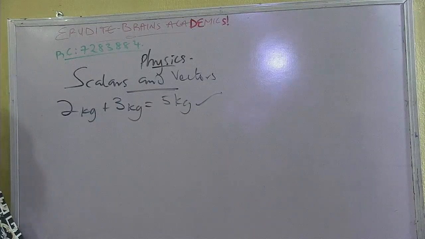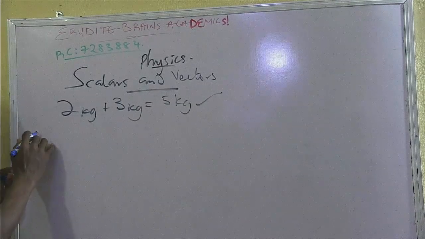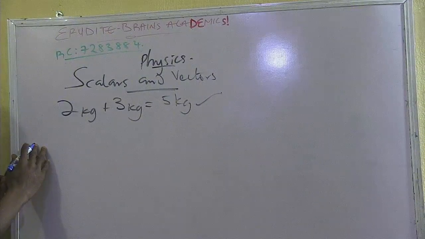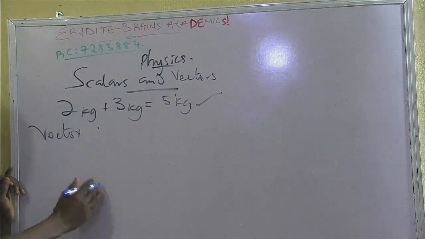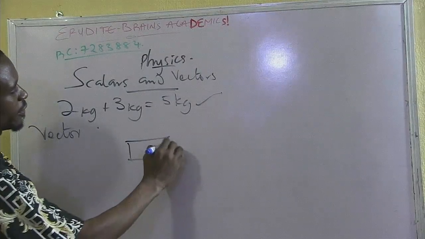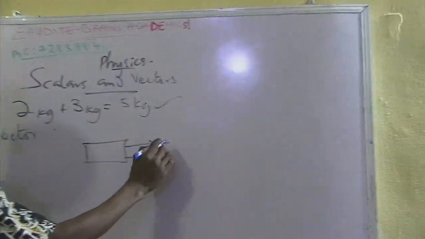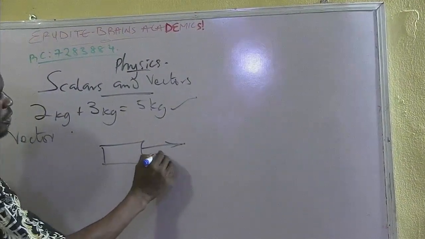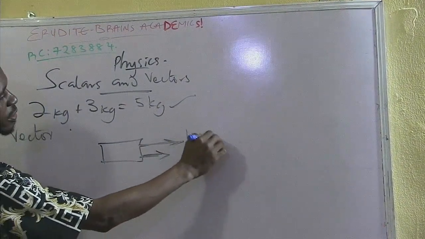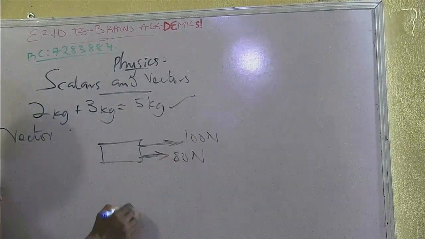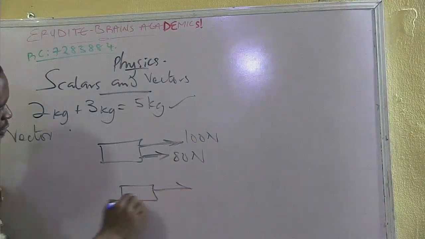There are 2 different methods that I'll be using to solve vector quantities for you today because of the direction. Now let's take an example. If you have a force in this direction, you have 100 Newton, you have 80 Newton, and you have another force in this direction.